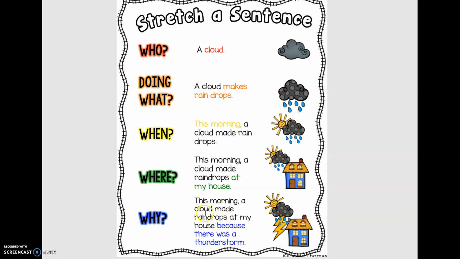This morning, a cloud made raindrops at my house because there was a thunderstorm. And this sentence has a lot of details. It tells me when, what, did what, where at my house, and why. It answers all these questions. So girls and boys, when you're writing, think about these questions. It will help you stretch a sentence.